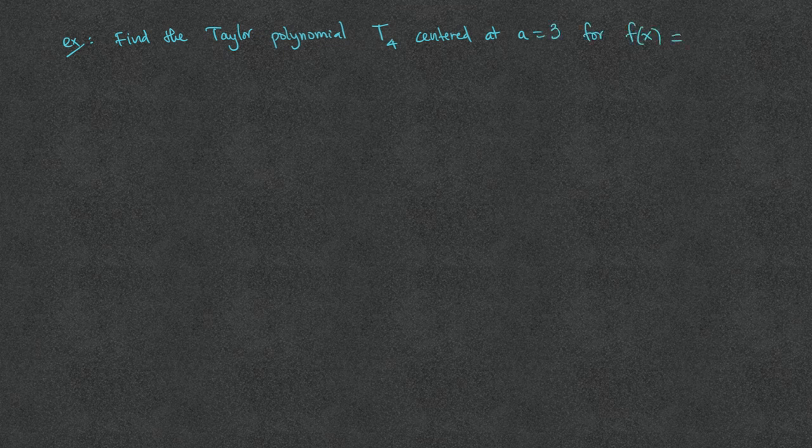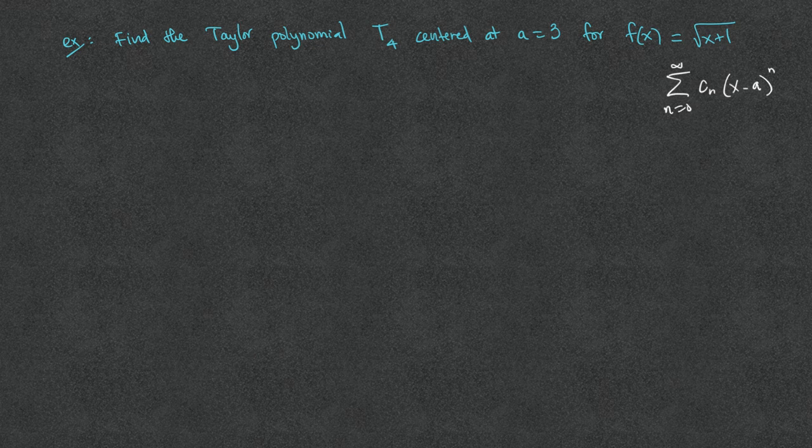Another example: find the Taylor polynomial T sub 4 centered at a equals 3 for f of x equal to the square root of x plus 1. That is, we're going to find the fourth degree Taylor polynomial around a equals 3 because we want to use it to estimate the value of the function f around x equals 3.